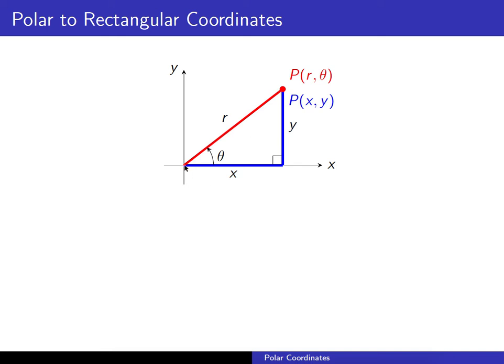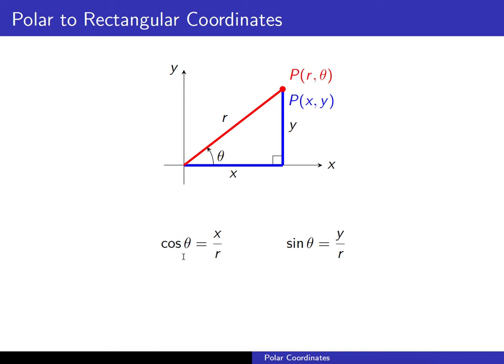If we know the length of this hypotenuse and the angle measurement, then we can use right triangle trig functions of any angle to figure out the x and y coordinates. The cosine of your angle is the x coordinate over r, and the sine of this angle is the y coordinate over r.